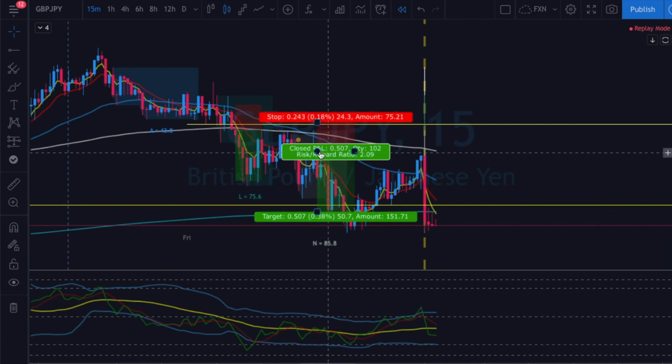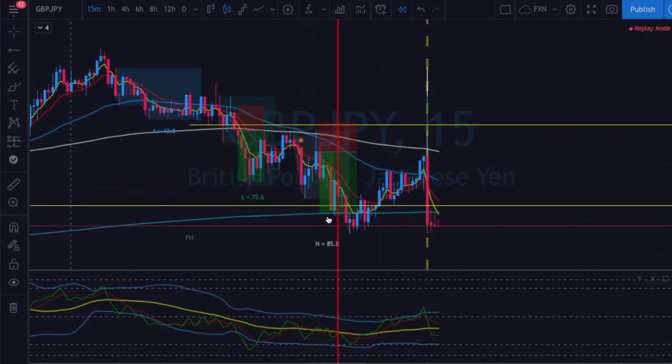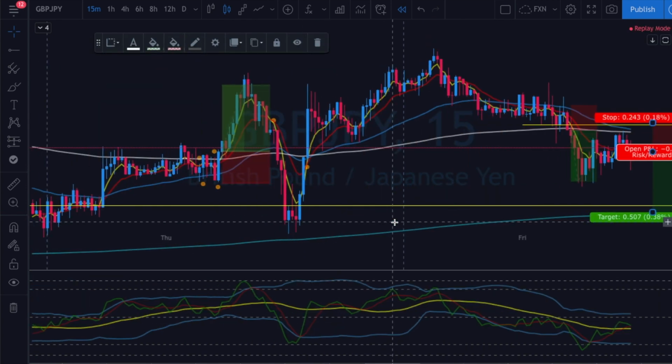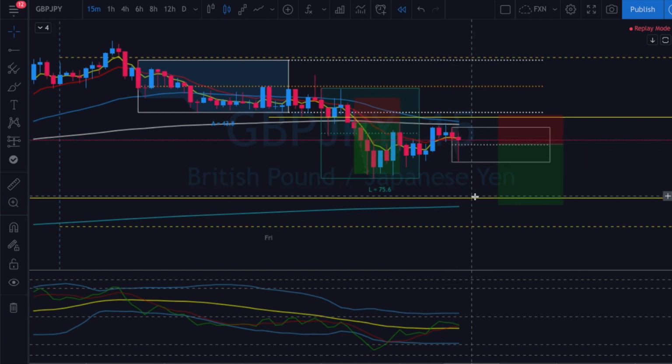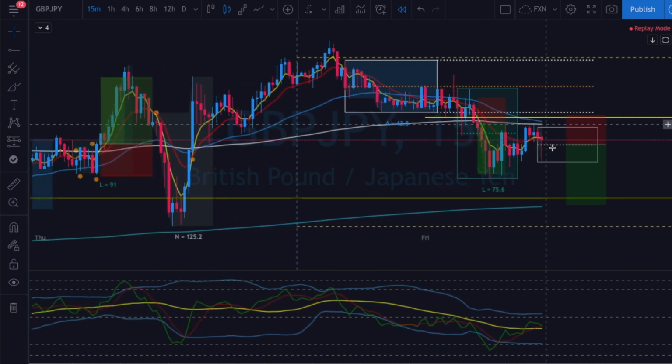Really the ideal would have been to get in super early here, but you would have had to get in like crazy early, like back here, on this candle right here, the very beginning. But regardless, you saw what happened.